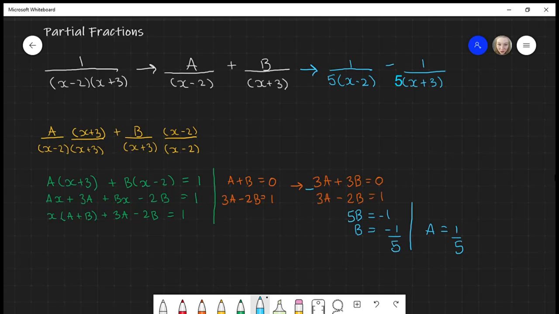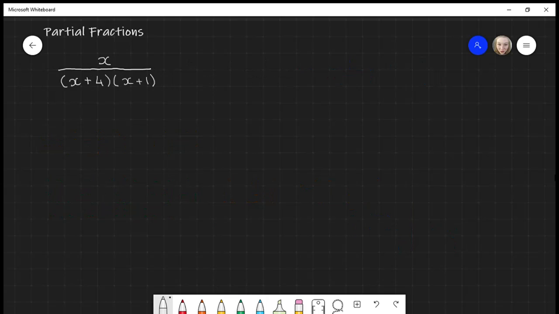Let's do another example. In this example, we have x as the numerator and (x plus 4) times (x plus 1) in brackets as the denominator.